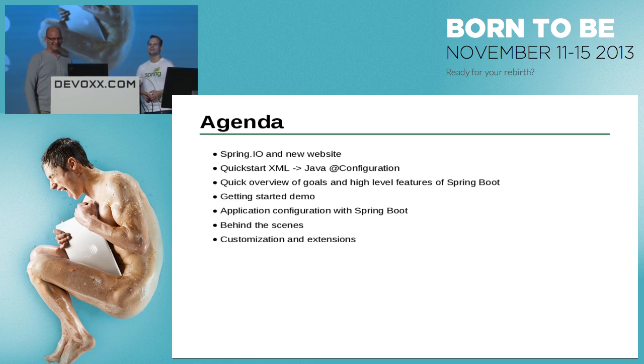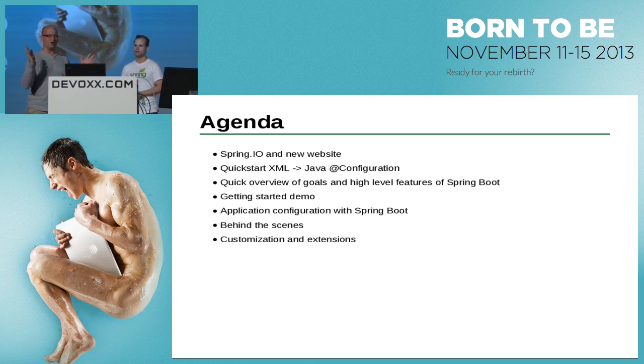All right. Okay, so anyway, Josh is going to kick us off. He's going to talk a little bit about some more wide-ranging topics than Spring Boot itself, and get you oriented, to get you up to speed with everything that's happening in Spring. So we've got to talk about Spring.io, because we kind of sketched that at the Spring 1 conference this year, and we want to show you what that means.